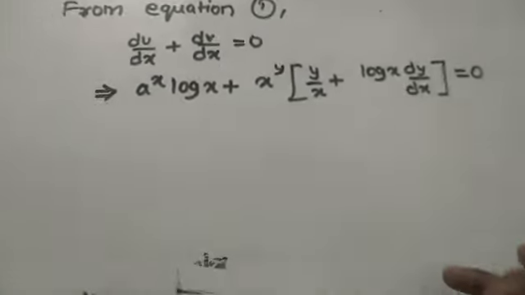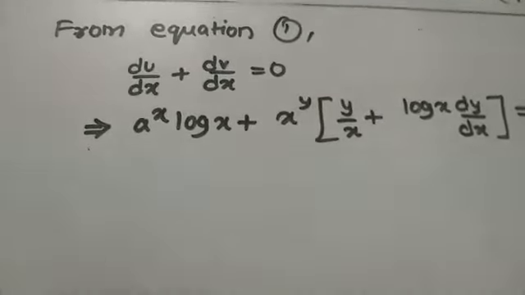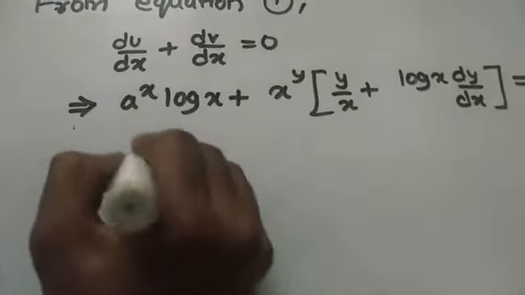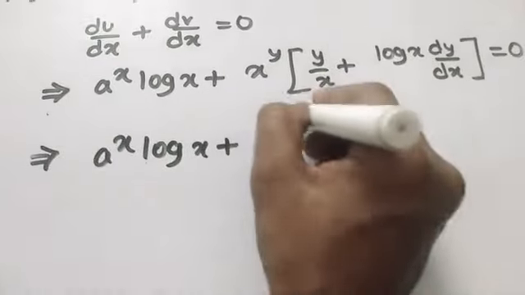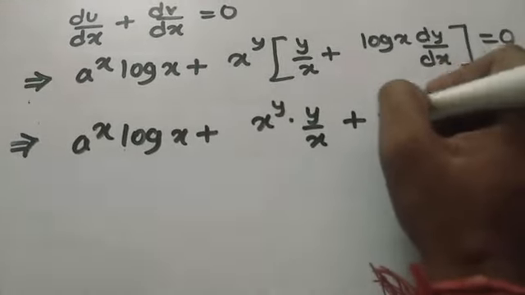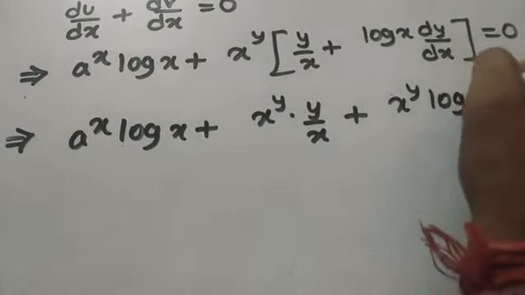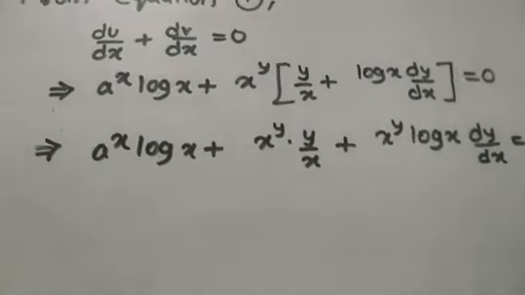Now from here we have to find dy by dx. So first of all, let us open the bracket by multiplying x to the power y into y by x plus x to the power y log x dy by dx equals to 0.